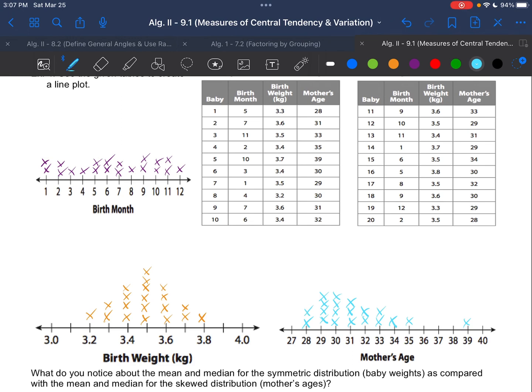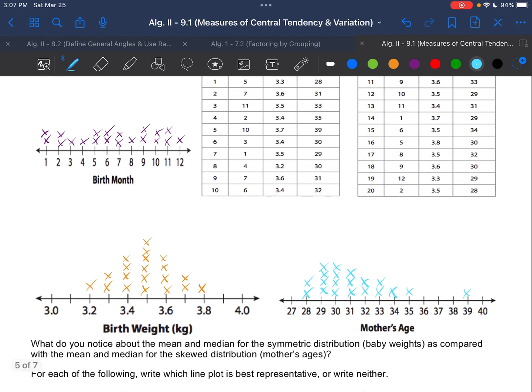All right, and now it's asking, what do you notice about the mean and median for the symmetric distribution of baby weights as compared to the mean and median of the skewed distribution, which is mother's ages? So if you look here, the birth weight does look to be quite symmetrical.